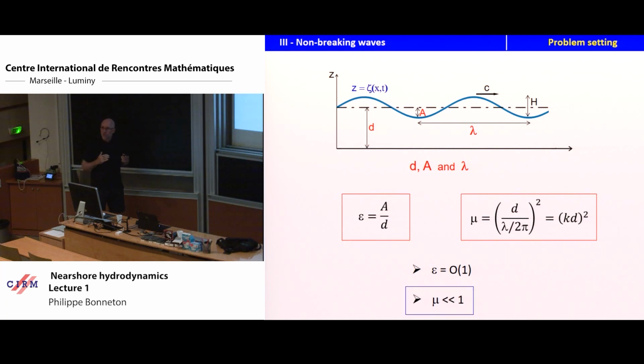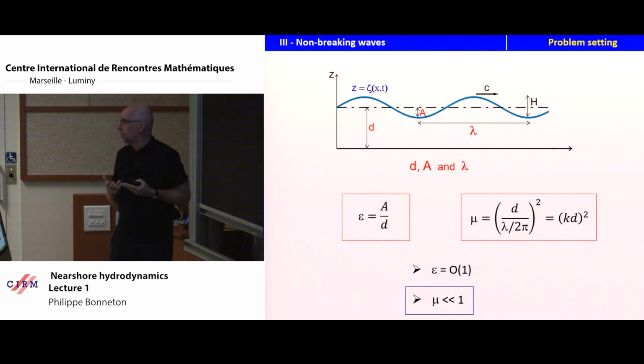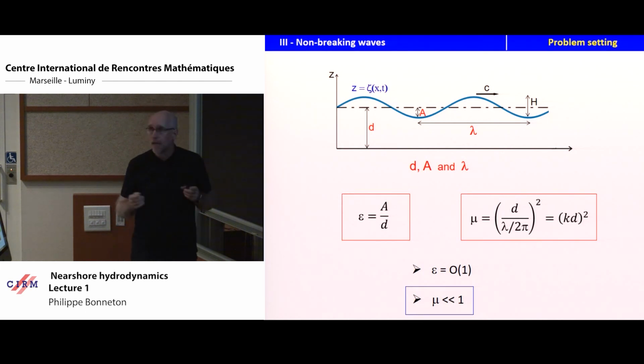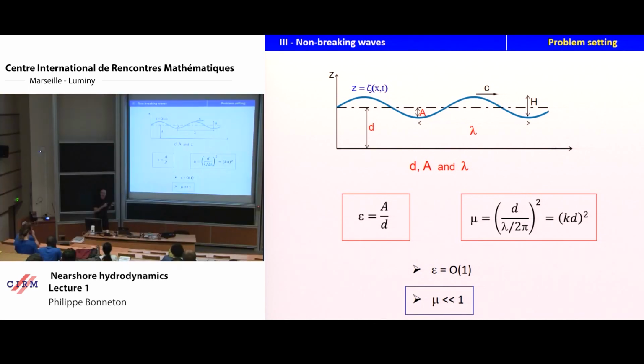By contrast, the shallowness parameter in the nearshore zone, for water depth between 20 meters approximately and 0, the mu parameter is very small with respect to 1. And we will use this small parameter to develop asymptotic expansion to move from a 3D Euler equation approach to a 2D horizontal model.